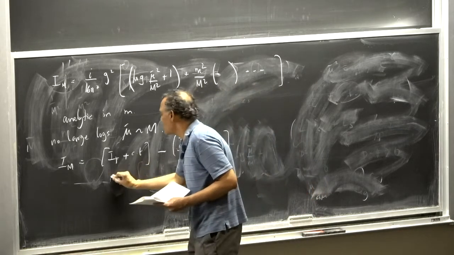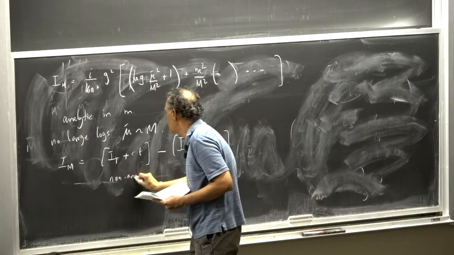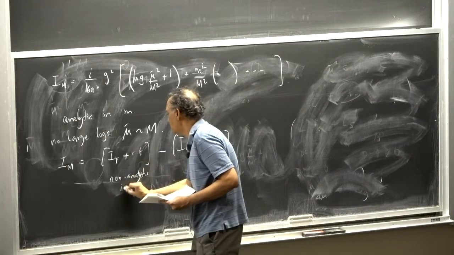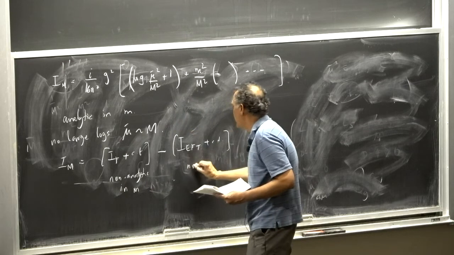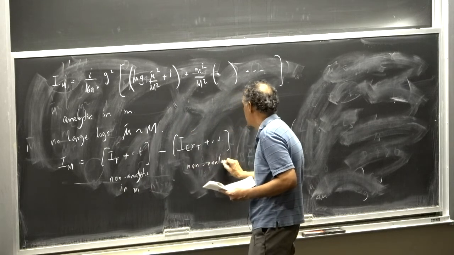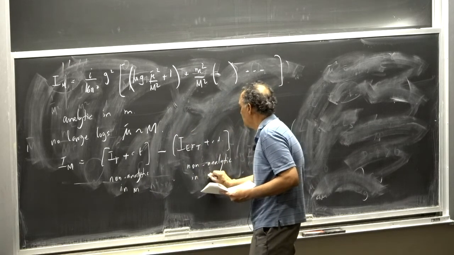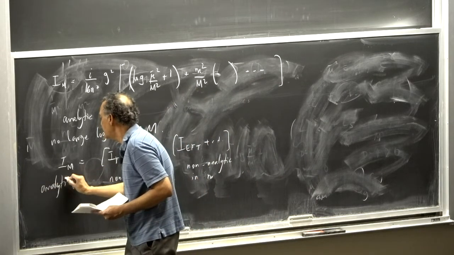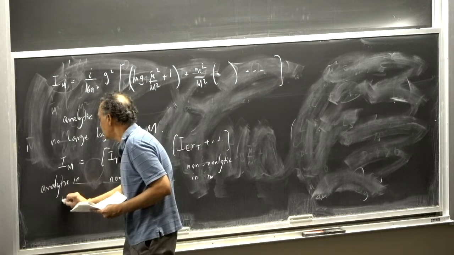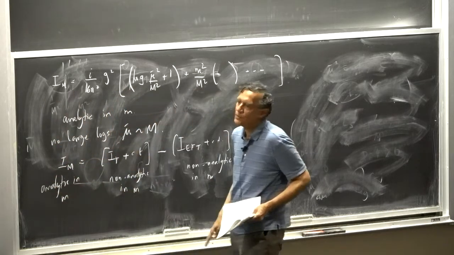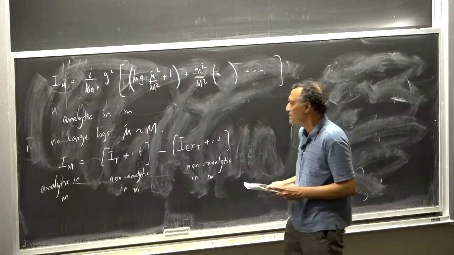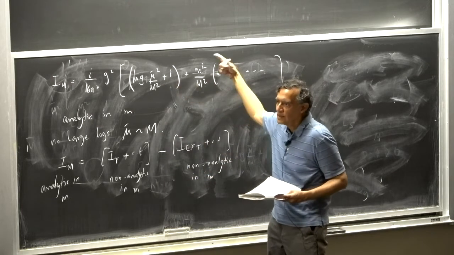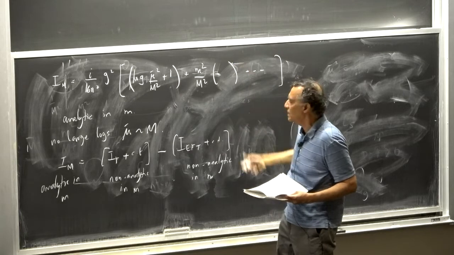We saw that this was non-analytic in m, and this is also non-analytic in m. But the matching is analytic in m because it's UV. It's the fact that the EFT and the full theory have some difference in the UV, which is short distance as far as little m is concerned. And so you get these local operators, just 1 and d squared and d fourth and so on.